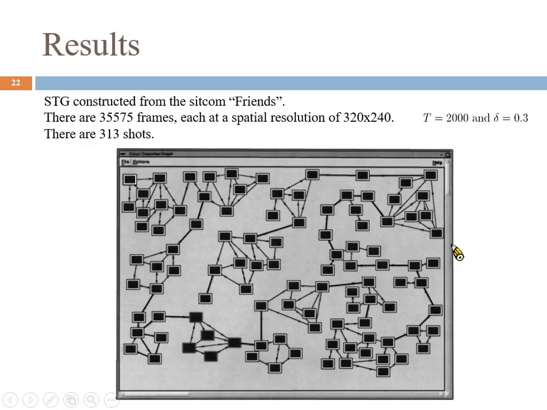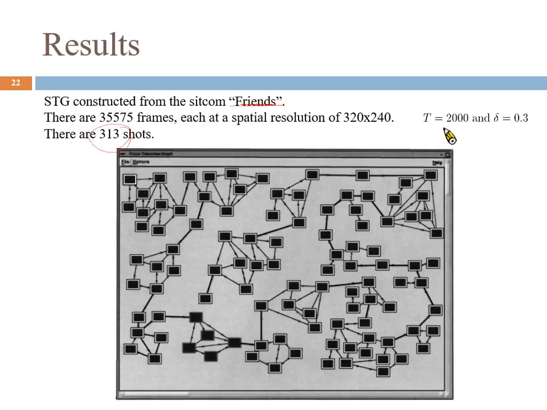And this is an example showing the STG construct from the second frames. In this video, there are more than 25,000 frames, each at the spatial resolution 330 by 240, and there are more than 300 shots.